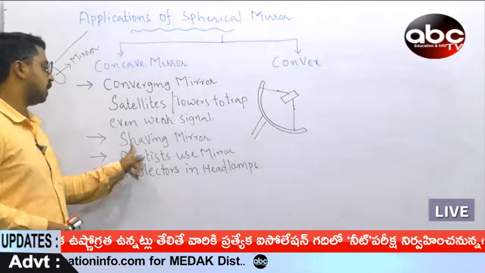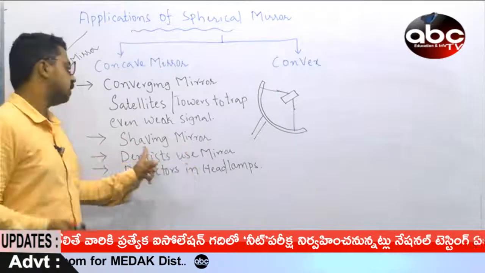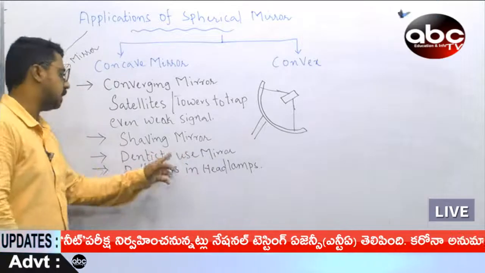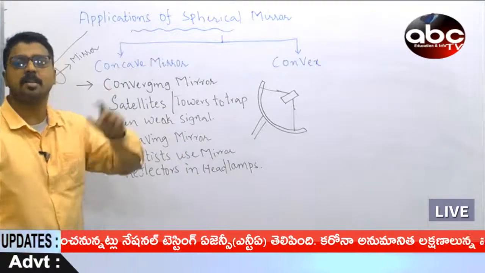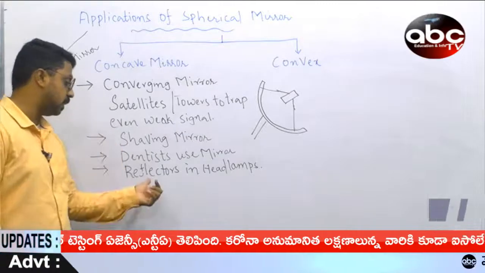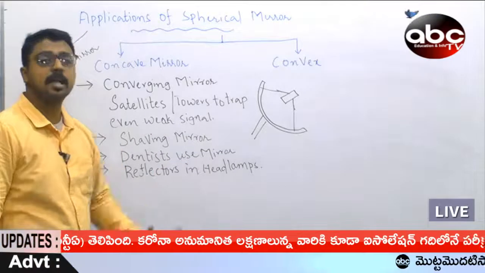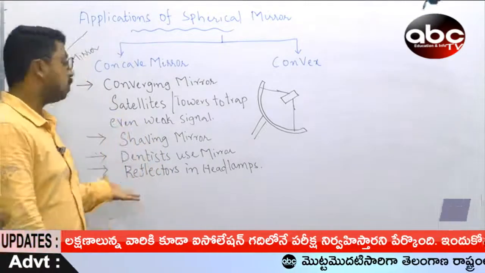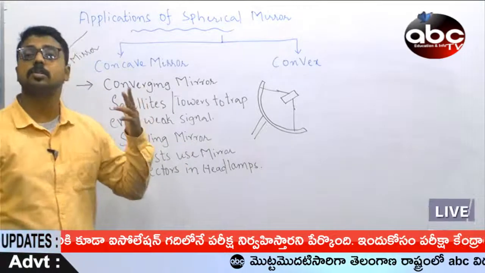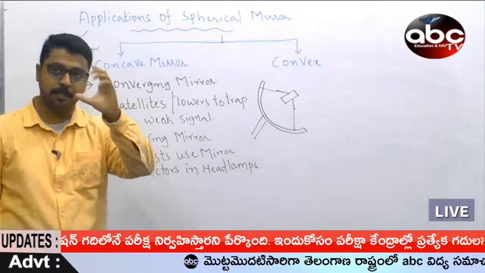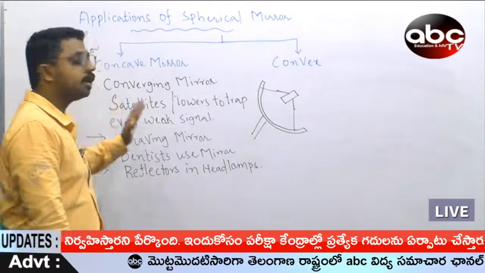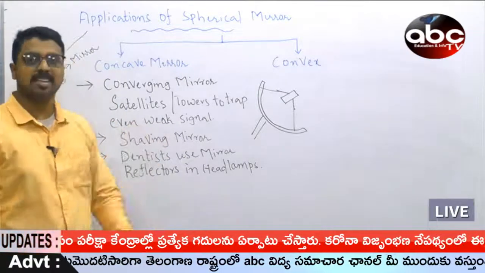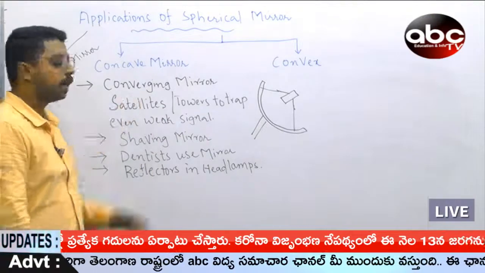Second, due to the enlargement in the image, they are useful as shaving mirrors and also as dentist's mirrors for treatment. Next, they are used as reflectors in headlamps of automobiles as they trap more energy, and they are also useful in telescopes, where the concave mirror is used to get a bigger image. Not only this, there are extra uses for a concave mirror.